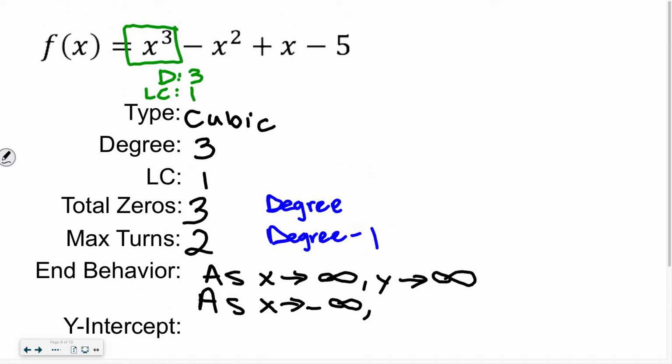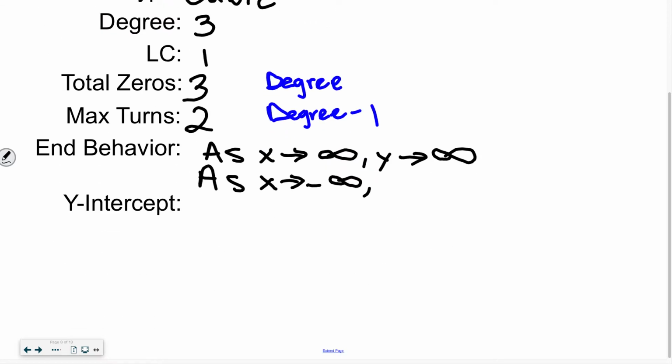So if our degree is 3, it's opposite. Odd is opposite. So we'll say y is approaching negative infinity. This one's positive, so this one's negative. If it was supposed to be the same, I would just say positive right there.